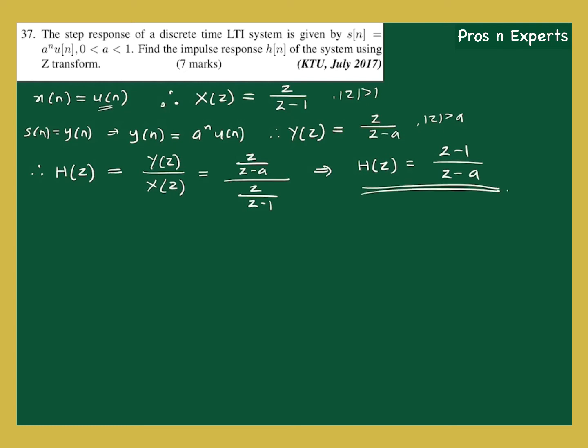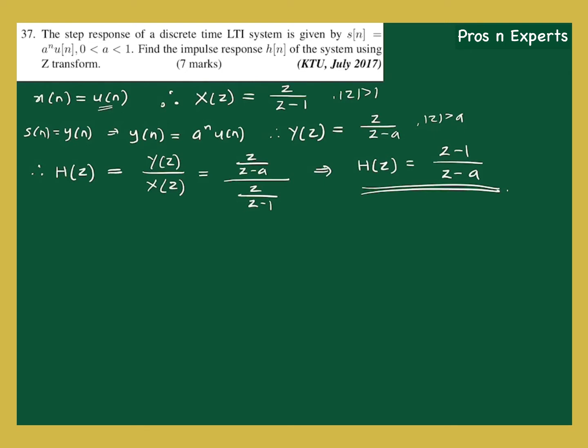But here is a catch. You have to observe the degree of the numerator and the degree of the denominator. You can see both turn out to be 1. So the numerator and denominator have the same degree. That means this is an improper transfer function. So whenever you find an improper transfer function, be thorough that its time domain will have an impulse signal.